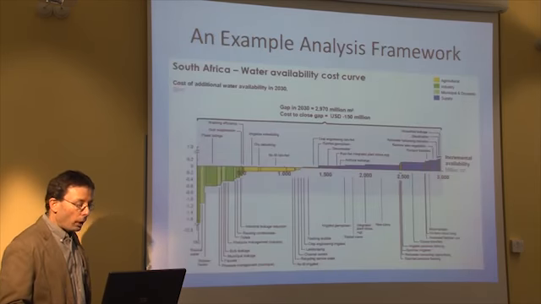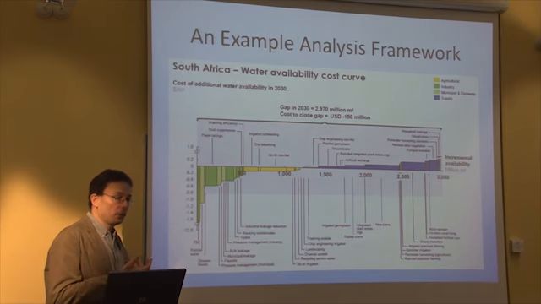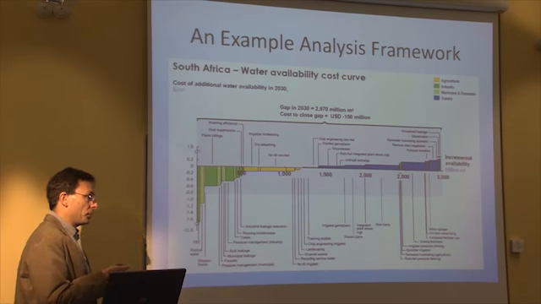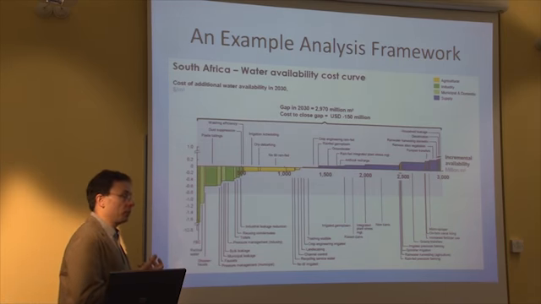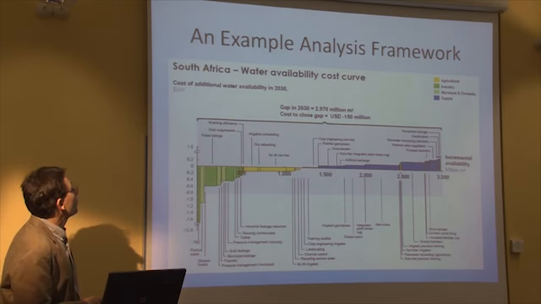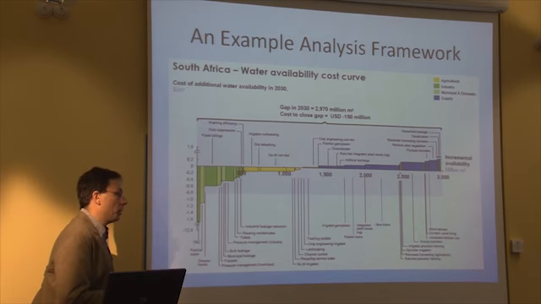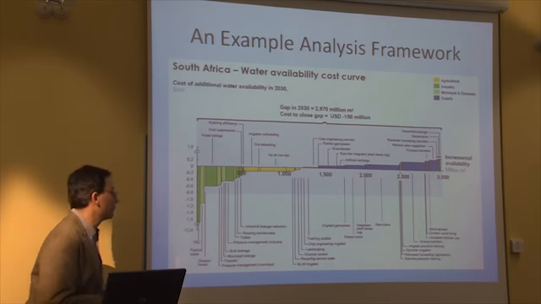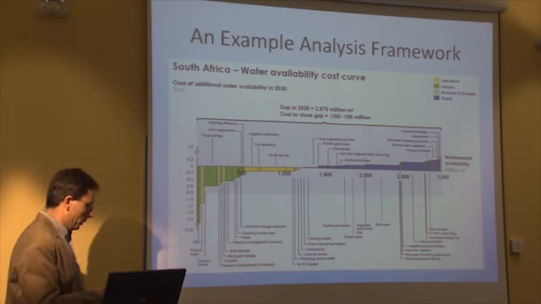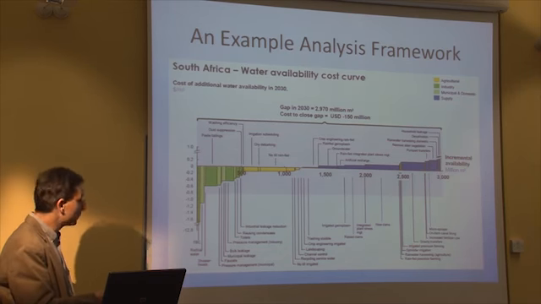So I want to give one example of an analysis framework that provides both the information and an approach to making decisions. This is something called a cost curve, developed by McKinsey in a number of different applications, and it's quite a complicated graph to show, but essentially it shows two things.